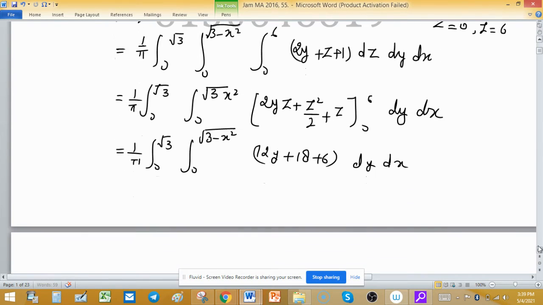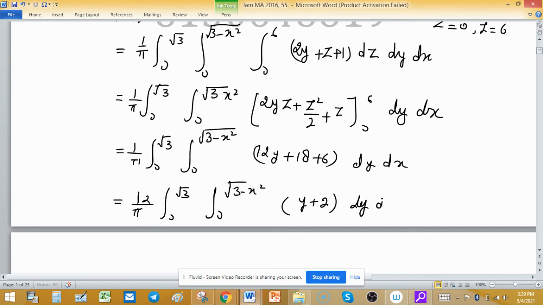Taking 12 common outside the integral, we have 12 upon pi integral of y plus 2, since 18 plus 6 is 24, dy dx.